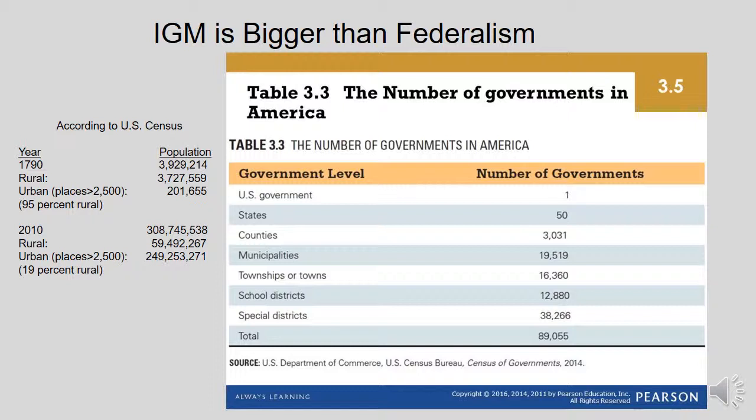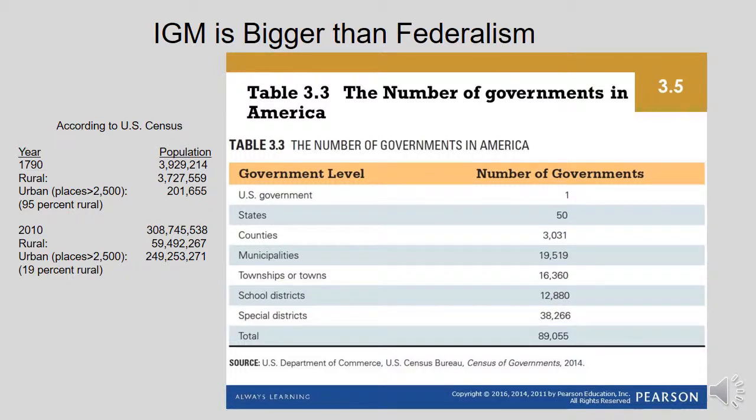In 2010, the last official census, there were about 308, almost 309 million people in the United States. Of those, about 59.5 million were rural, and about 249, almost 250 million were urban, that is in places over 2,500. Now, you might not think of 2,500 as being an urban place, but that is the low line of an urban place.